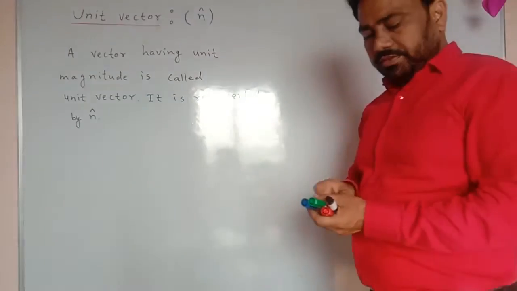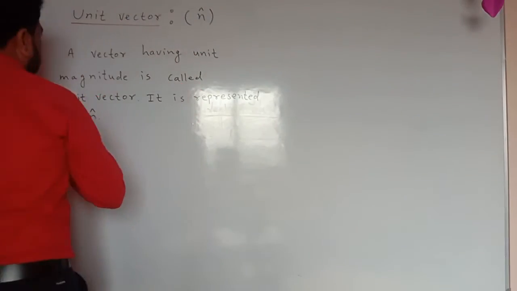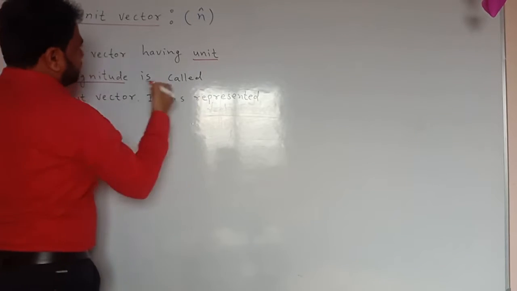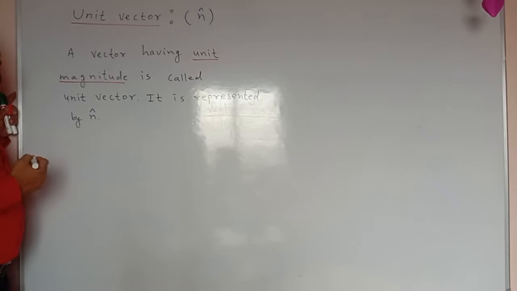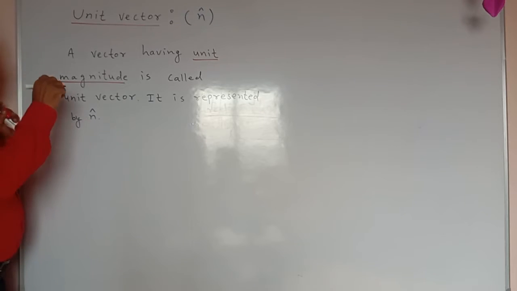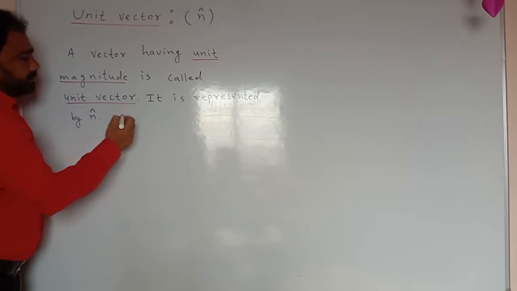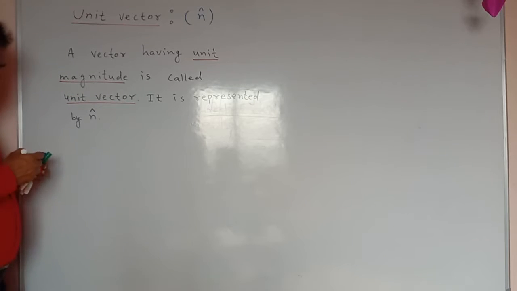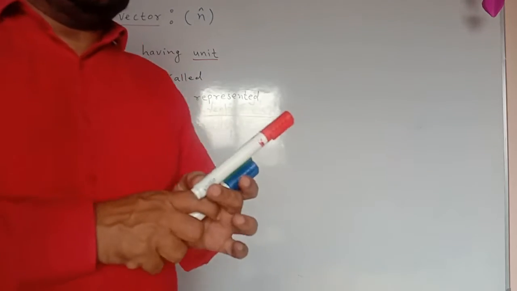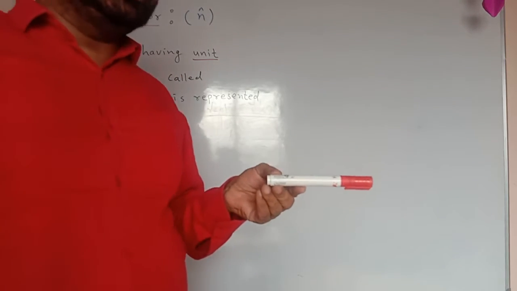First of all, see, unit vector means what? A vector having unit magnitude. What is the meaning of unit magnitude? Unit magnitude means 1; such a vector is called a unit vector. Okay, suppose this marker has a length of 1 meter, so we can say it is a unit vector.